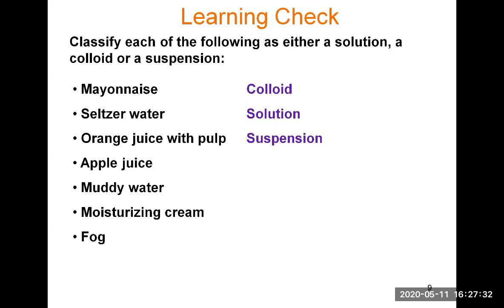Apple juice. So if you think of the apple juice that you would buy in a store, not the apple juice that you would get, for example, in a farm. The apple juice that you get in a store in sealed bottles, this would be a solution because typically they are transparent, with a color, right?